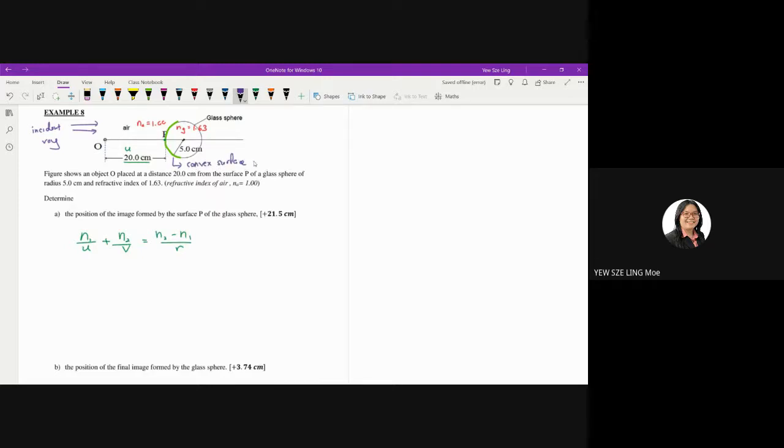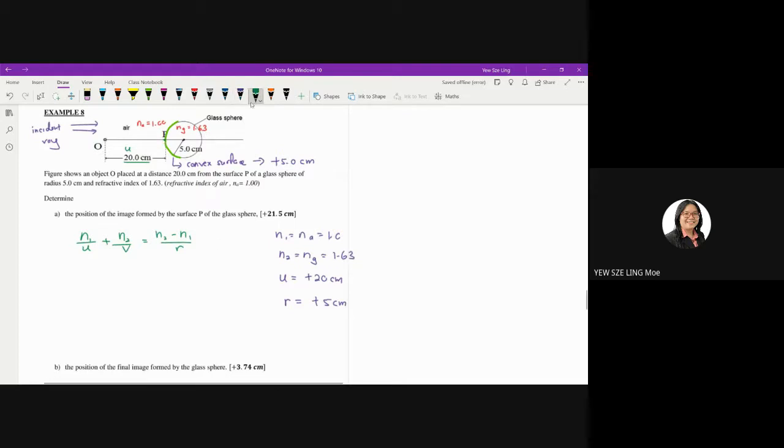For a convex surface, we have positive R, so R is equal to positive 5 cm. n1 is equal to n air, which is 1.0, and n2 is equal to n glass, which is 1.63. The object distance is positive 20 cm, and R is positive 5 cm. So this is the information that I have for the first refracting surface.